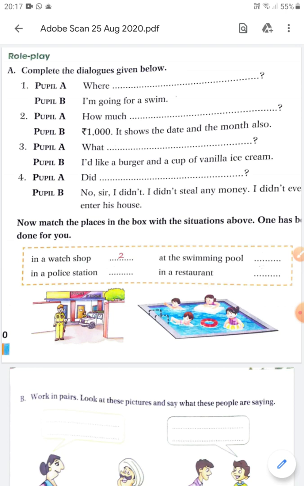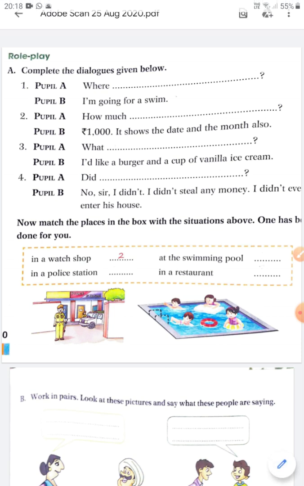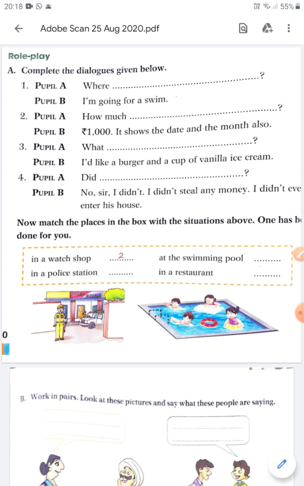Pupil A must be asking, how much does this watch cost? Or how much is the price of this watch? Pupil B will say rupees 1000. The watch is for rupees 1000. It shows the date and the month also. Basically, the watch shows only time.